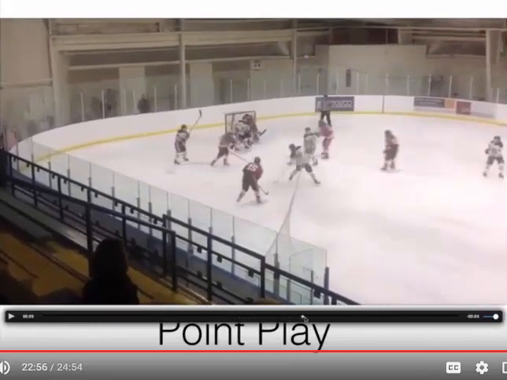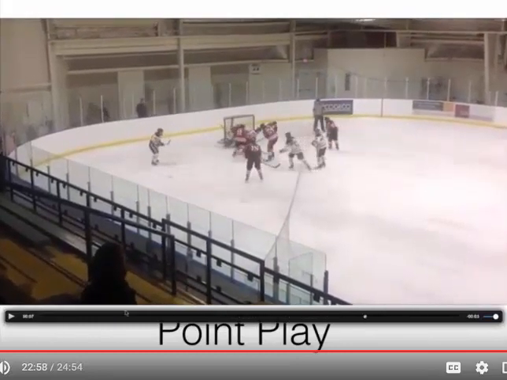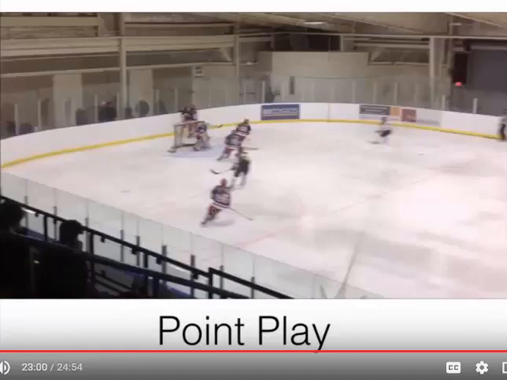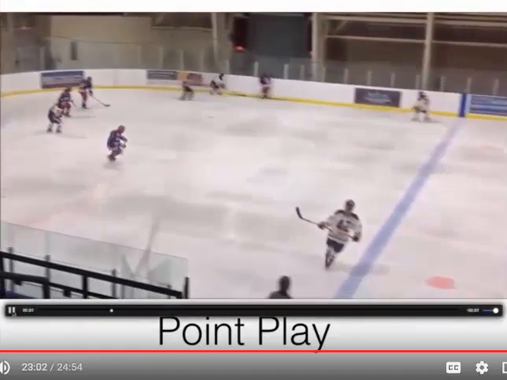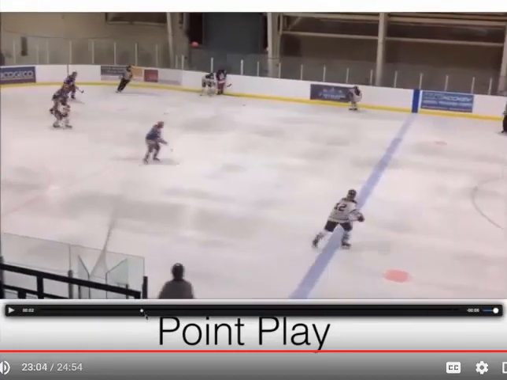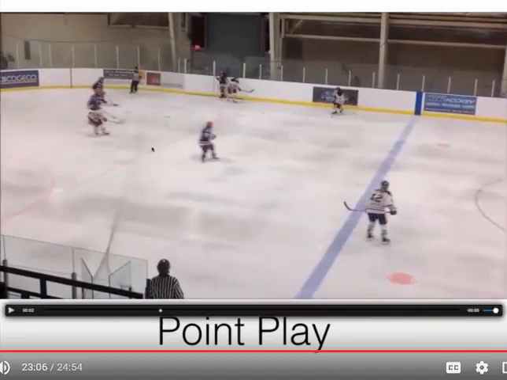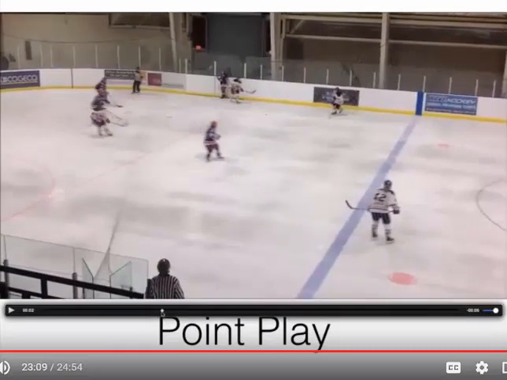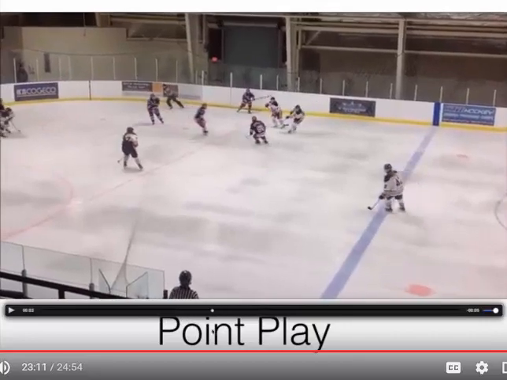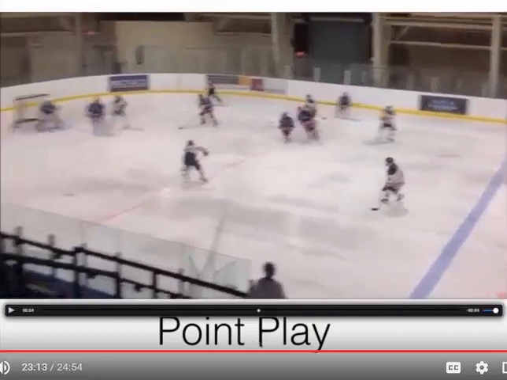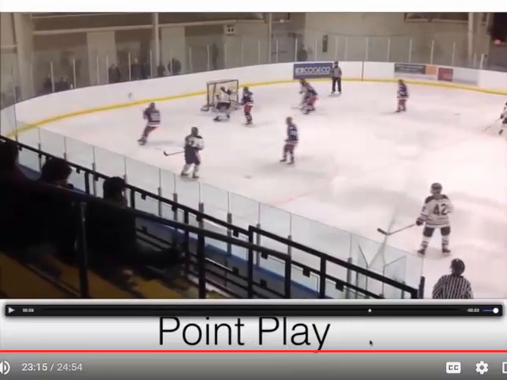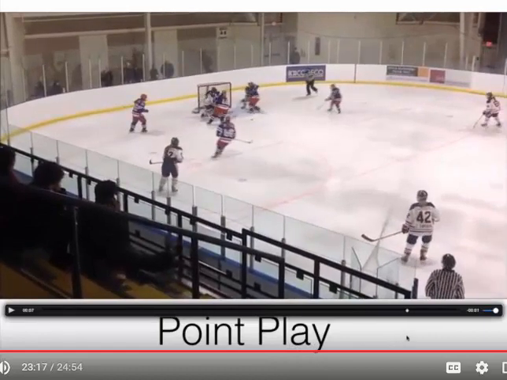Gets to the middle of the ice and now is able to create a chance. So that one's good. Next one here. There's a good play here. This girl does a nice job getting up into the triangle. And because she does that, she's able to get a puck in the triangle. Very dangerous situation there. They're able to create a couple of chances.